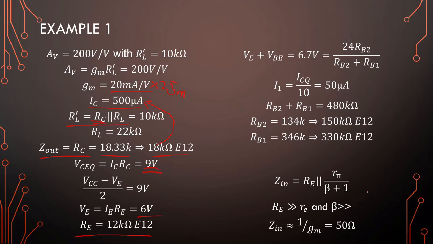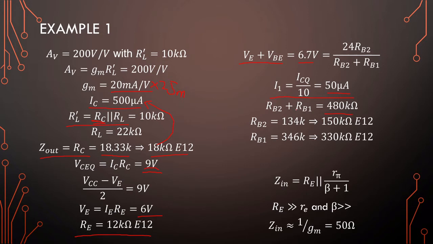Now for the biasing resistors, we know our base voltage is going to be 6.7 volts, so 6 plus 0.7. It is a voltage divider of 24 over our two resistors. Using the rule of thumb, we get 50 microamperes. 24 divided by 50 is 480 kilo ohms.